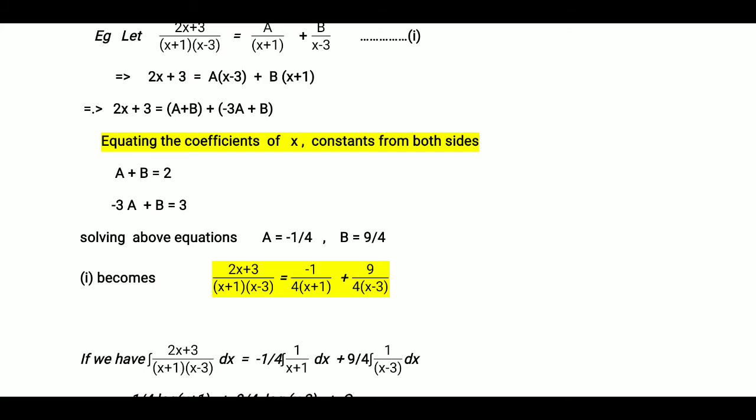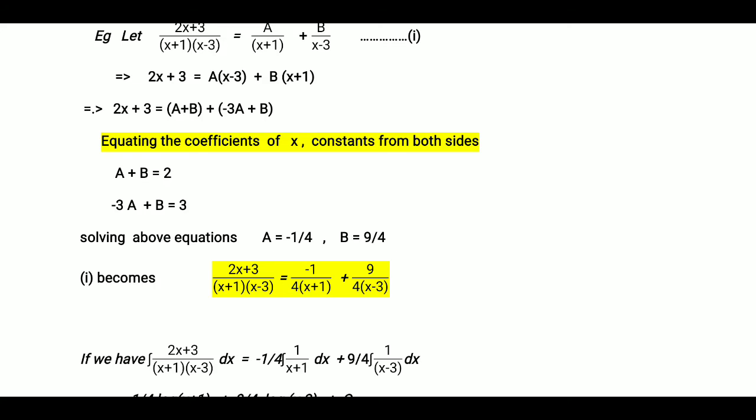Now equating both sides, the coefficients of x and the constant term: from the left-hand side 2 is the coefficient of x, and from the right-hand side A + B is the coefficient of x. So A + B is equal to 2, and the constant term from the left side is 3, and the constant term from the right side is −3A + B. So −3A + B is equal to 3.